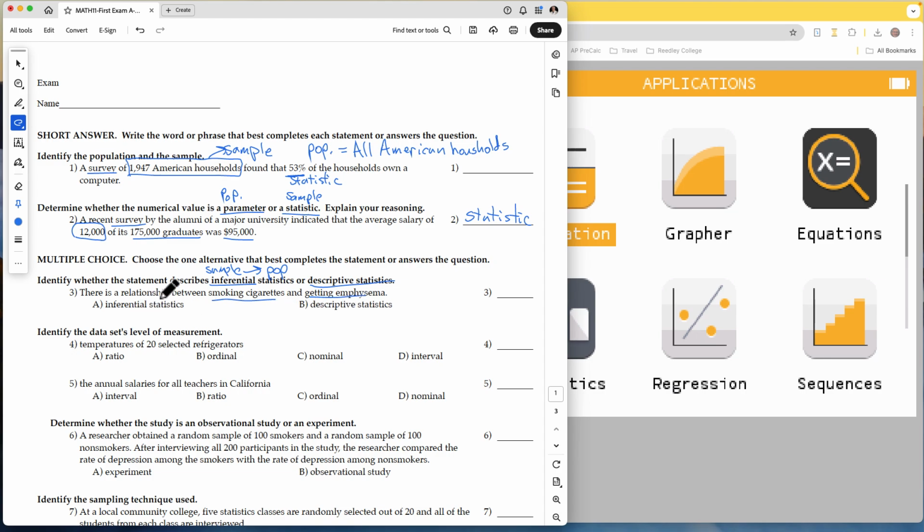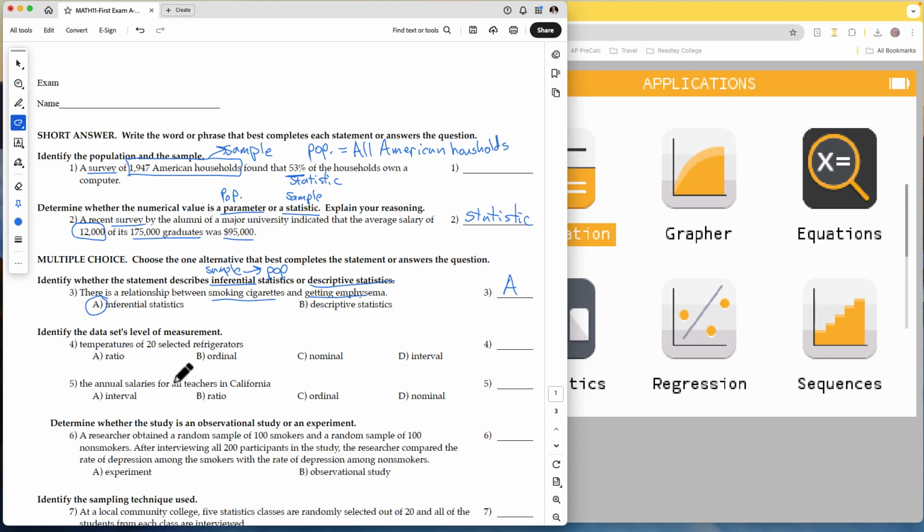That's kind of a global statement about a population, not just saying that it's related to some small sample of people, that in certain people this happens, but this is a generalized relationship within a population. This is inferential statistics. So know the difference between that.